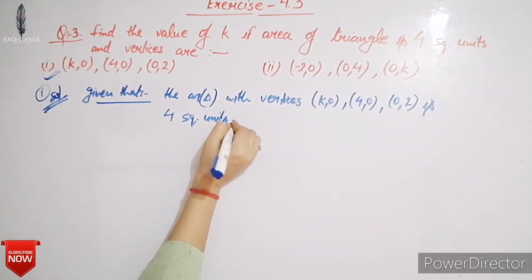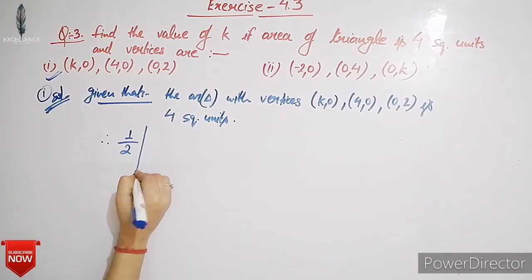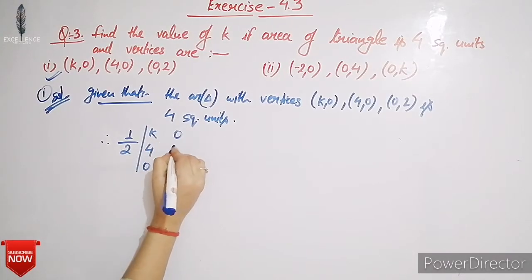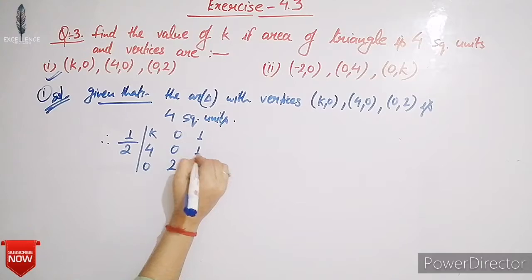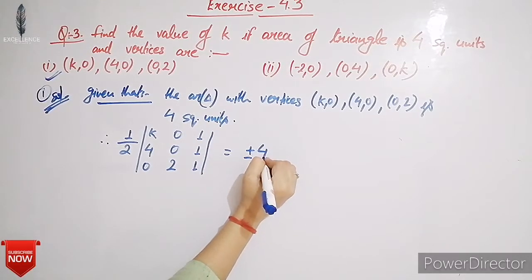Area of triangle is given here. So 1 by 2 determinant k, 4, 0, here 0, 0, 2, 1, 1, 1 is equals to plus minus 4.